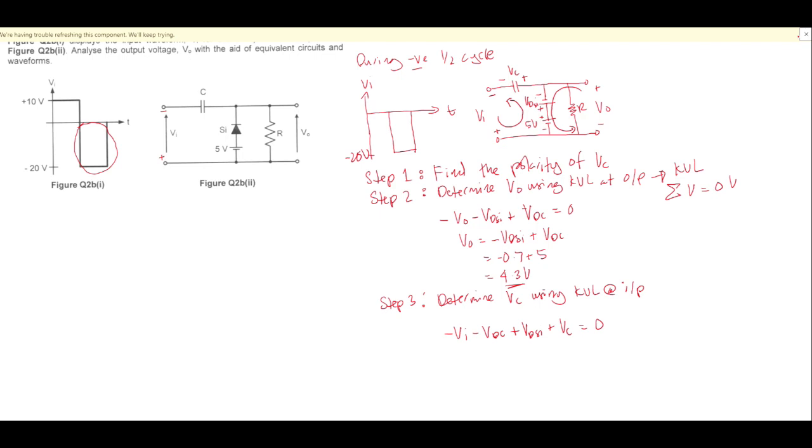Now we need to find the value for VC. So VC is equal to VI plus VDC minus VDSI.